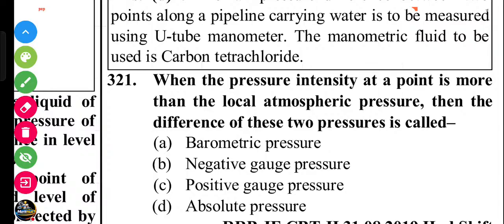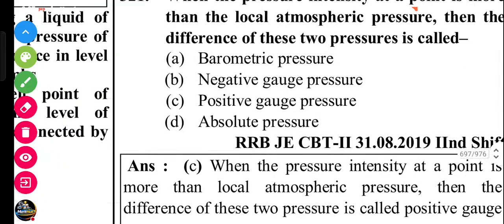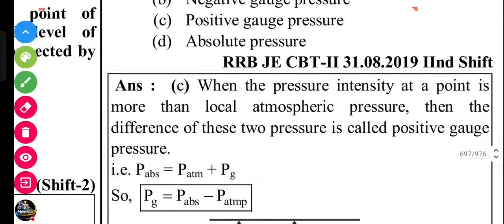Difference between them is the barometric pressure, I think. Sorry, positive gauge pressure. Gauge pressure is absolute minus atmospheric pressure. So the difference is called the positive gauge pressure.